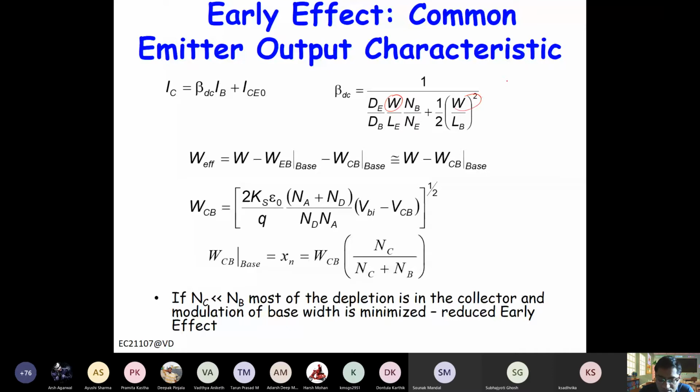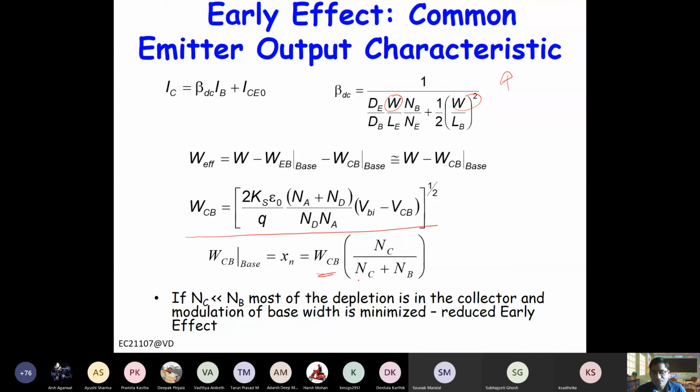You can recall this expression for depletion width from the PN junction. The depletion width on the base side, due to the base-collector junction, will be the total depletion width times collector doping divided by collector doping plus base doping.